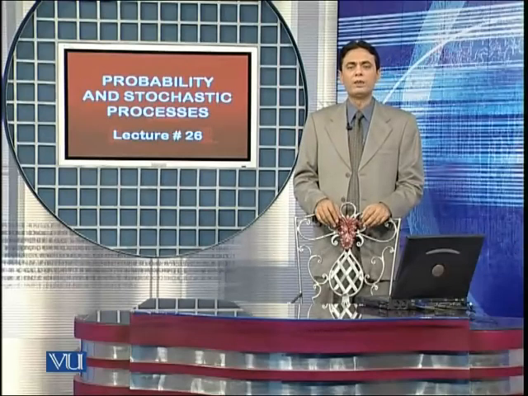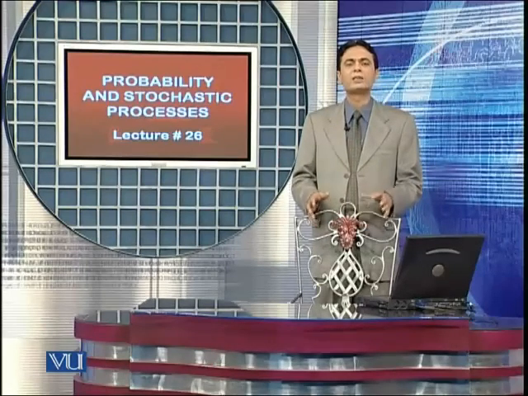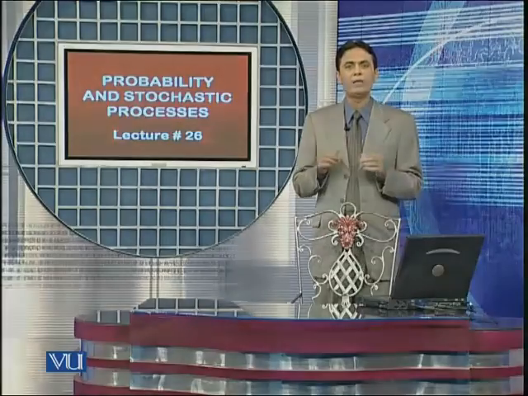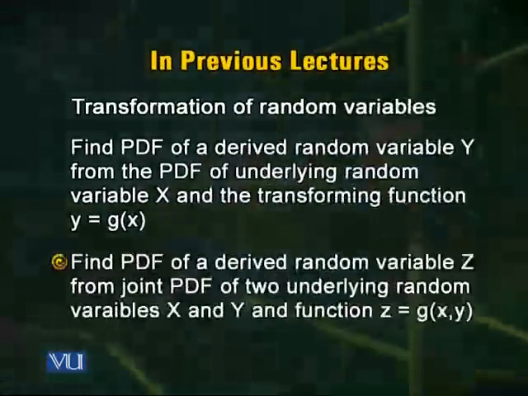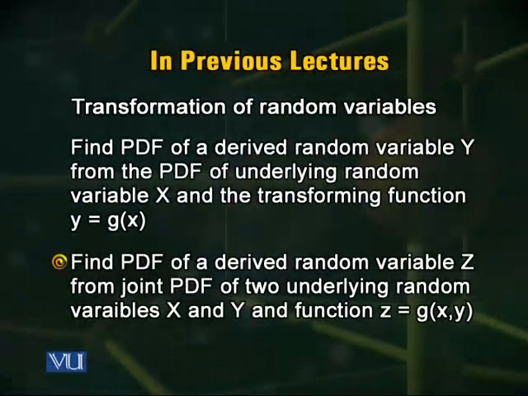Then we moved on and started working with a pair of random variables, say x and y. So these two underlying random variables x and y gave us a PDF which was defined over a portion or whole of the xy plane.